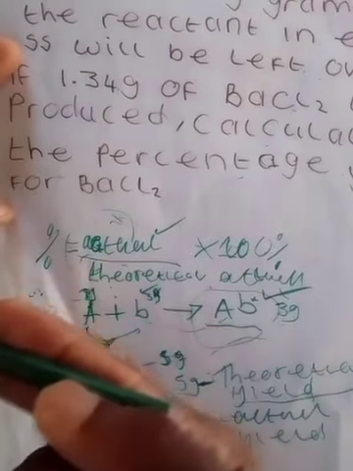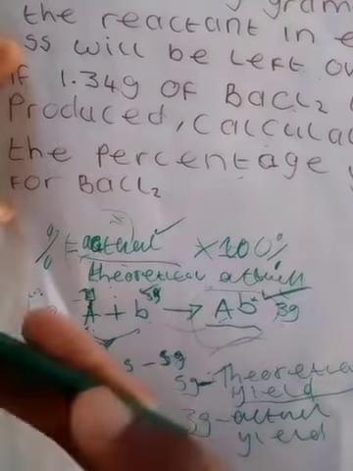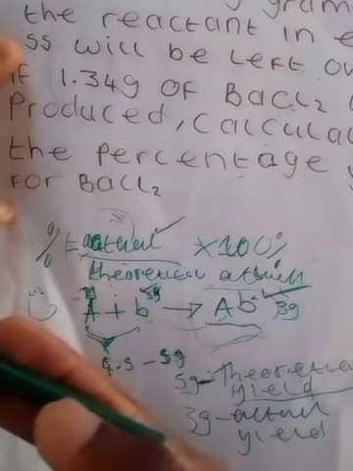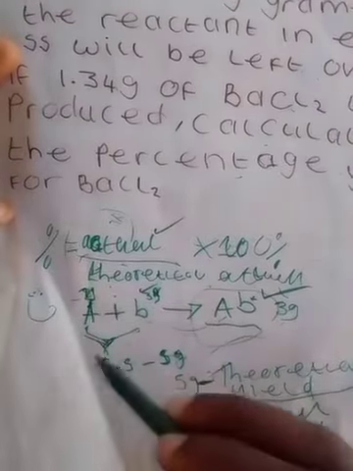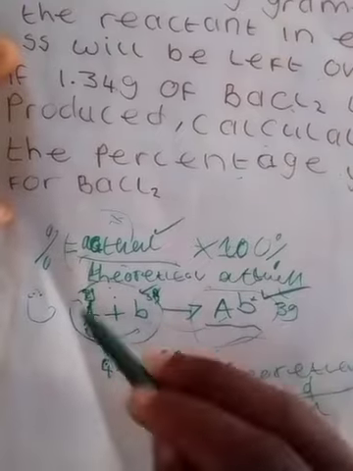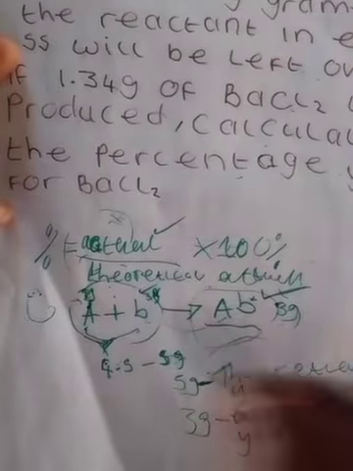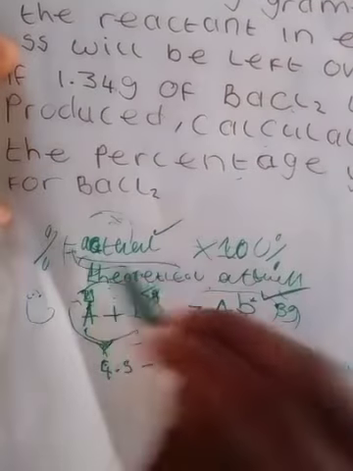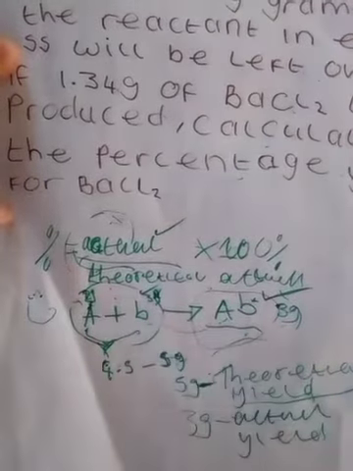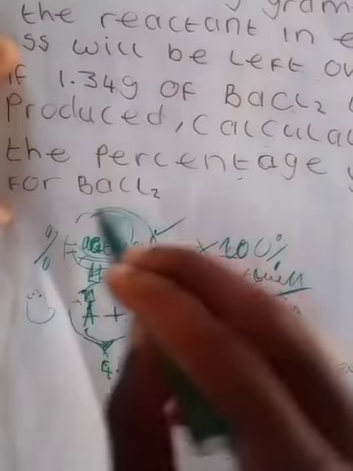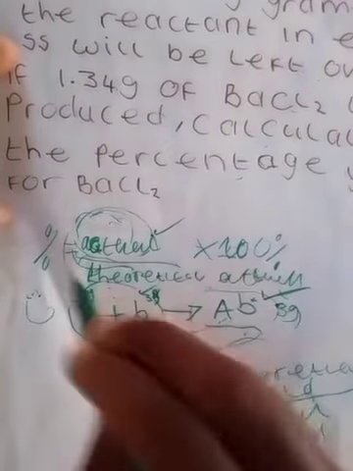So it might happen that what they predicted doesn't actually come out. So it usually reduces. That's why the formula is actual yield over theoretical yield. The purpose of having the smallest one on the numerator and the biggest one on the denominator is to be able to get the percentage. Remember, percentage should not be above 100%.